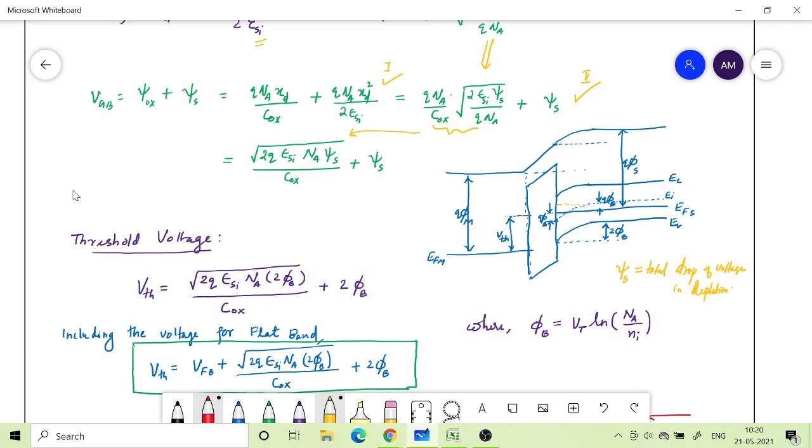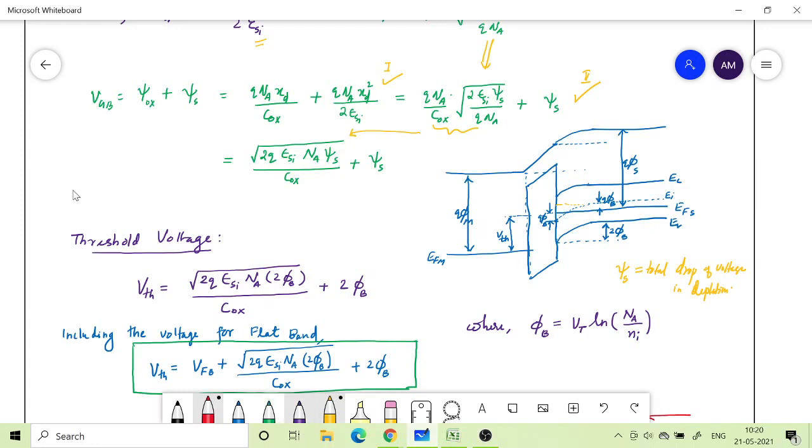Okay, so that will be psi s. Now I am going to define a very important parameter for a MOS capacitor, which we are finally coming into, called threshold voltage. In order to find what threshold voltage is, we need to know the voltage.